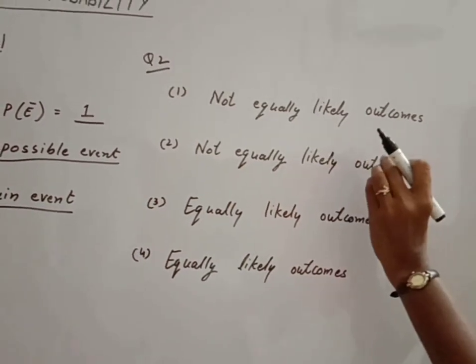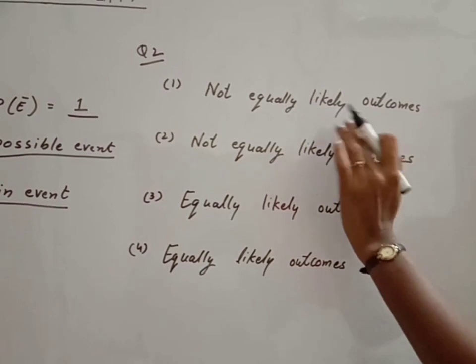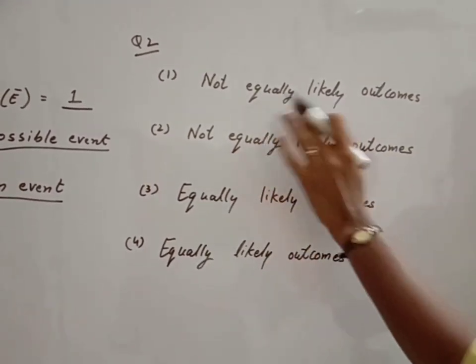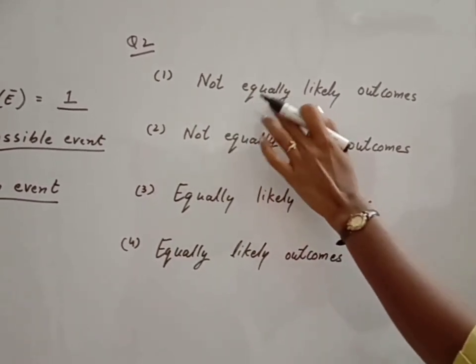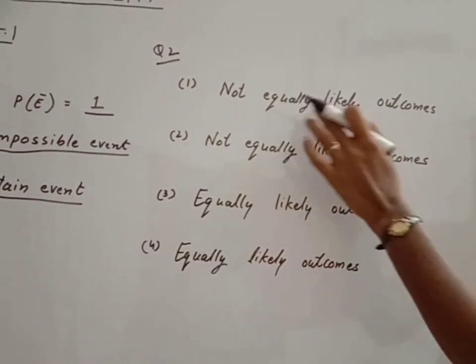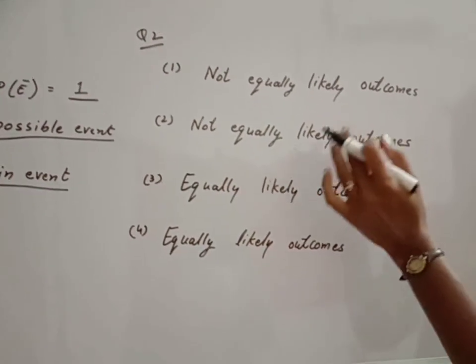Very few chances that the car will not start. So the chances are not equal. The chances that the car will start are more, so this is not an equally likely outcome.